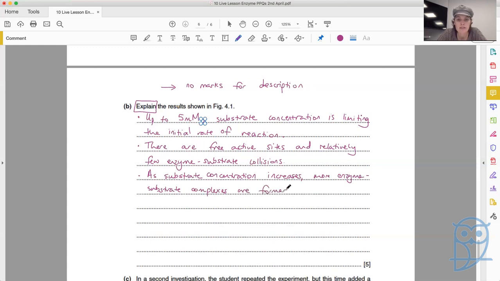And this increases the rate of reaction, but we're not talking about that description, we're just talking about the explanation. So next explanation is, of course, where we flatten out.